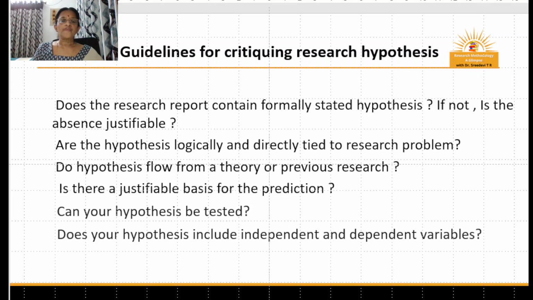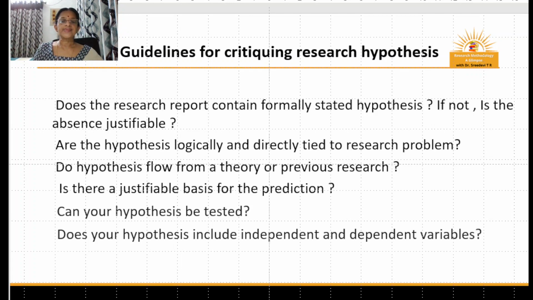It is not always needed to have a hypothesis written in a research report. It depends upon our study. Sometimes in a descriptive study, survey study, especially in qualitative studies, a formally stated hypothesis will not be there. So, if we are not using it, is the absence justifiable?